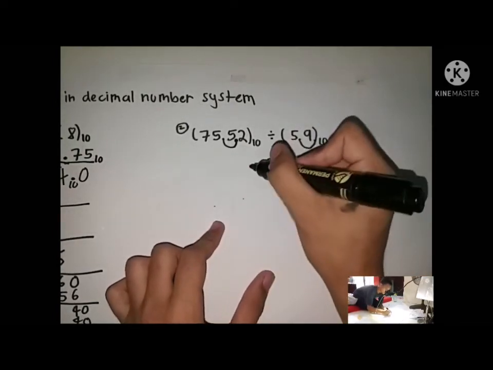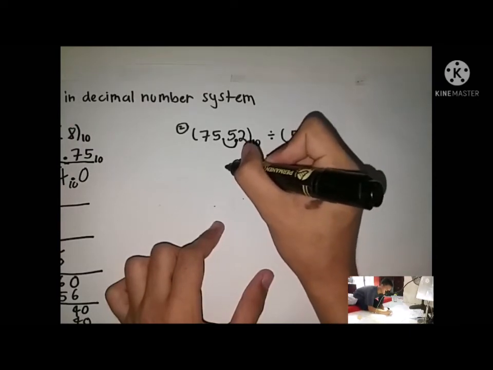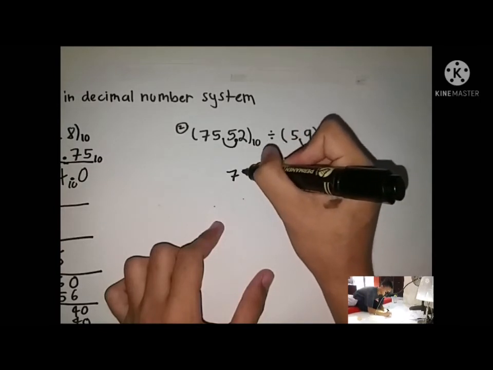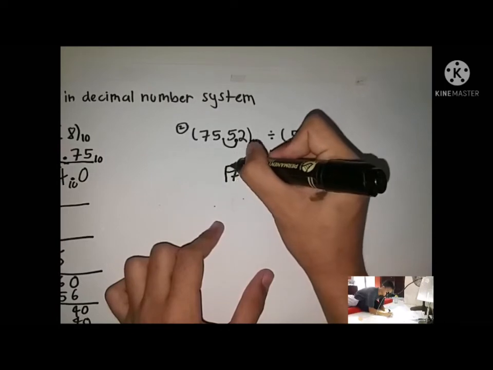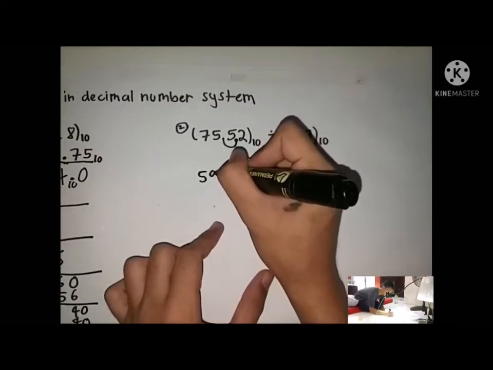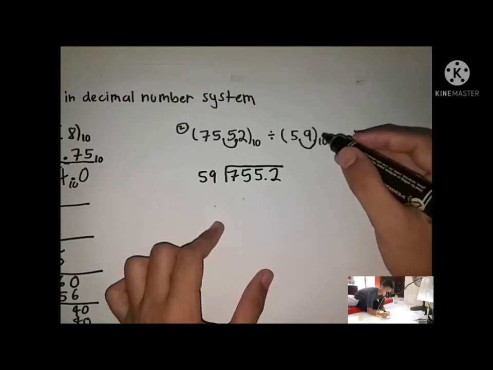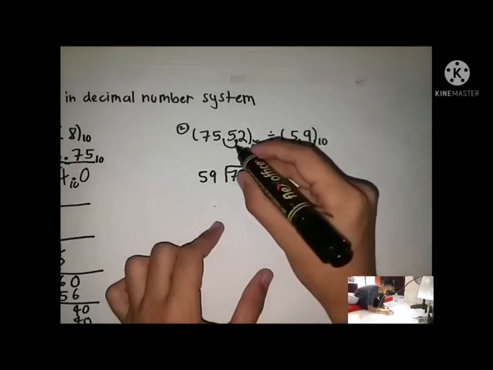So we have a 755.2 divided by 59, because we move the decimal point to the right at once from divisor and also in the dividend.